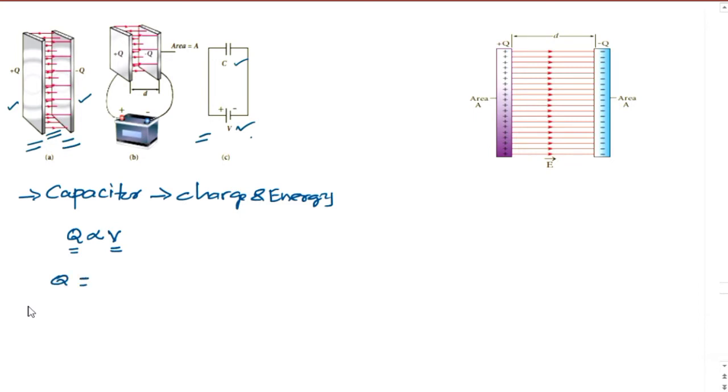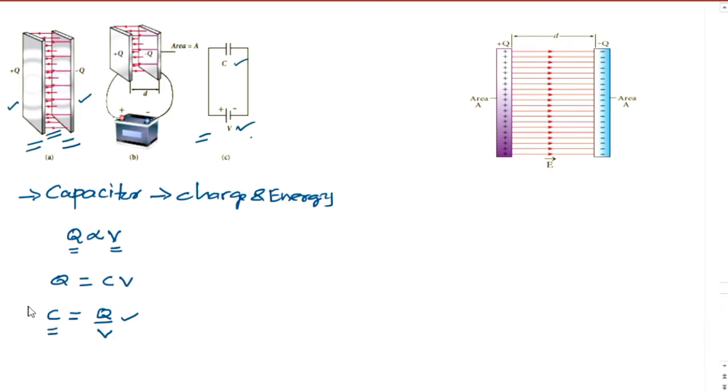So Q is equal to some constant into the corresponding potential difference, and this constant of proportionality is C, which is called the capacitance of the capacitor, and C is equal to Q divided by V. This ratio is called the capacitance: charge given to the capacitor divided by the potential difference, which is a constant.